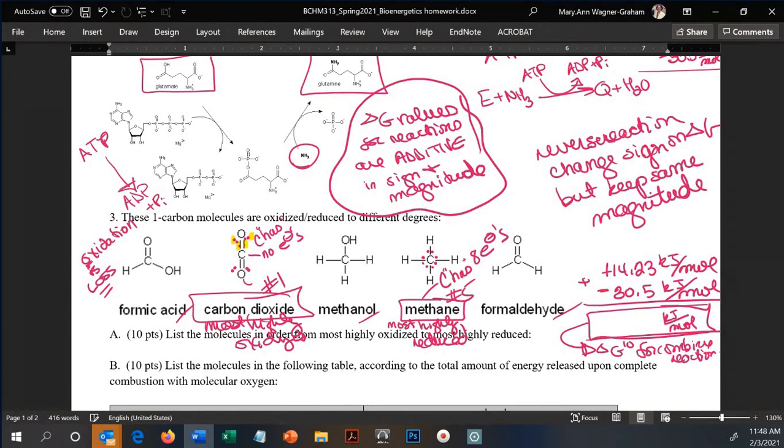That's number 5 in your series. And you're going to order all these compounds. So methane is the most highly reduced. Reduction is gain. Reduction means that you have a lot of electrons. So this carbon is the most highly reduced because it has the most electrons. Questions on that concept?